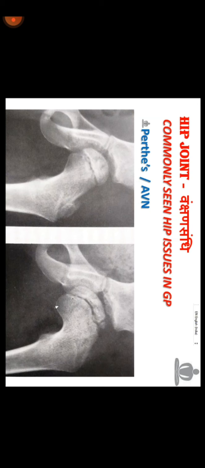Perthes is nothing but osteochondritis. We have seen this osteochondritis dissecans in elbow joint also. So this is a sort of osteochondritis only, just malnourishment of a particular area of bone, maybe mainly in the growth plate or surrounding area. So there are so many reasons for that.